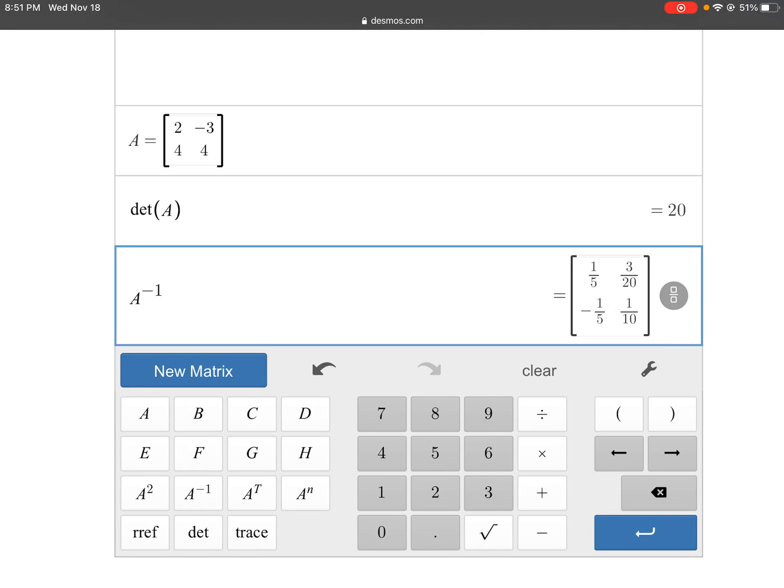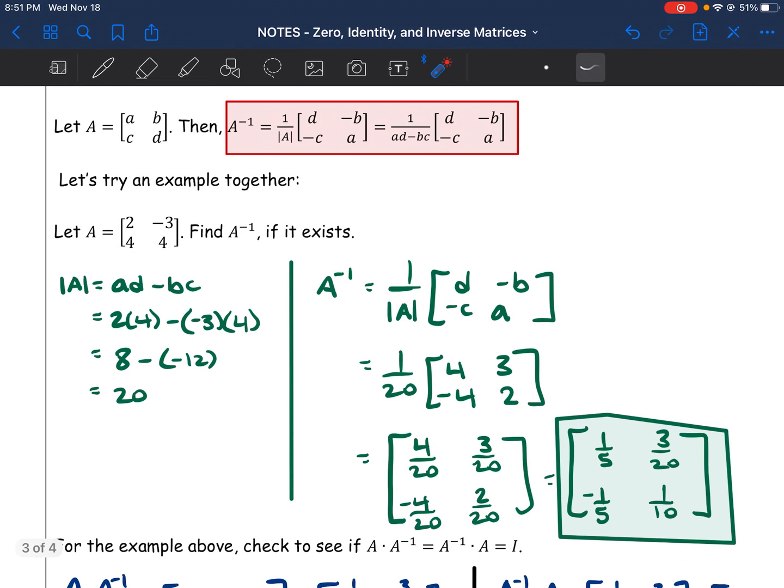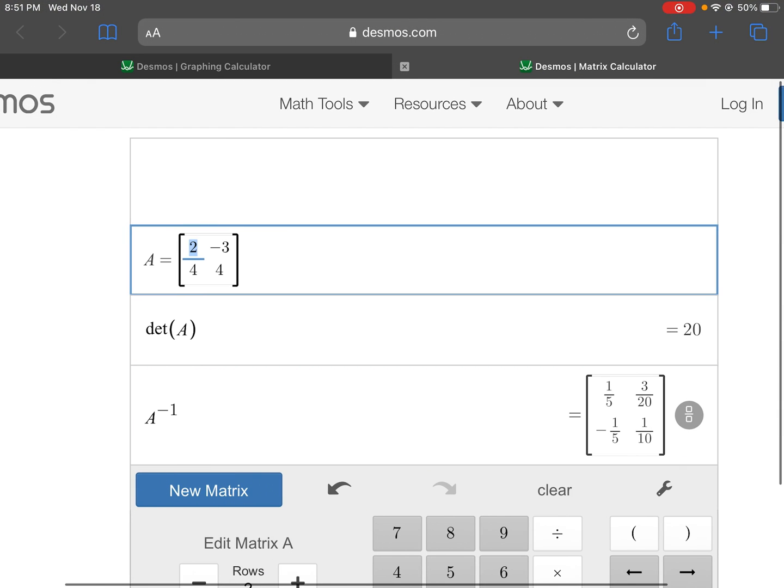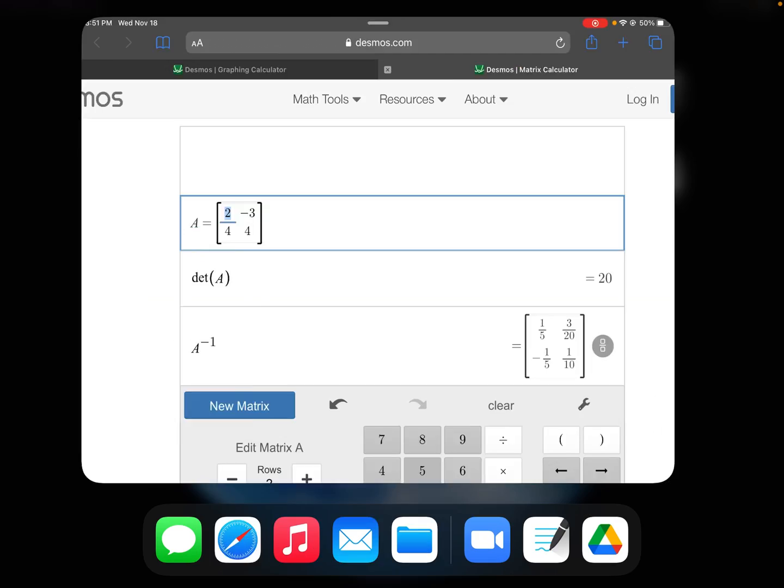And we get the matrix with elements 1/5, 3/20, negative 1/5, and 1/10. Which, if we jump over to our notes, is exactly the answer we got when calculating the inverse by hand. So, the Desmos matrix calculator is a very powerful tool for us when doing these somewhat tedious matrix calculations.